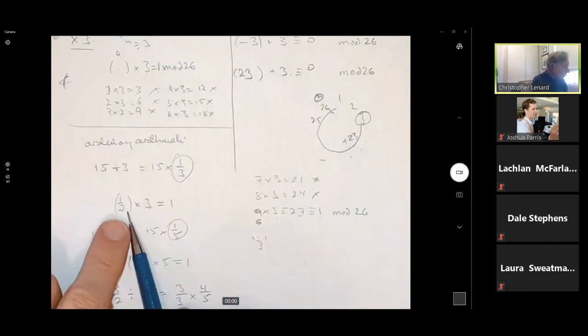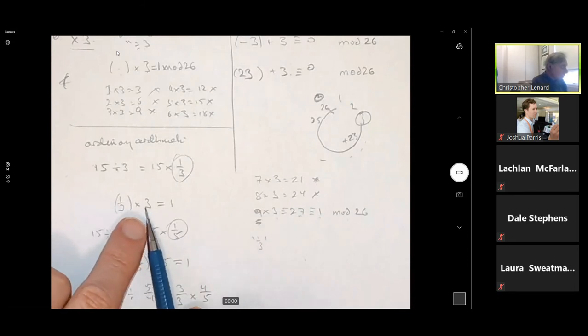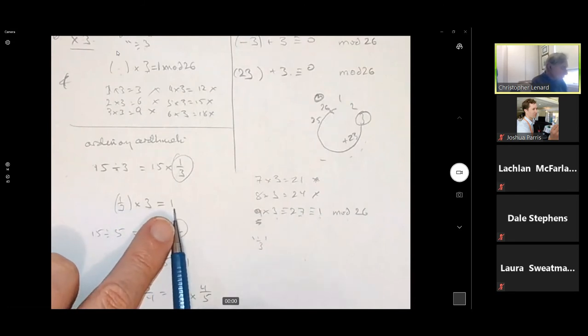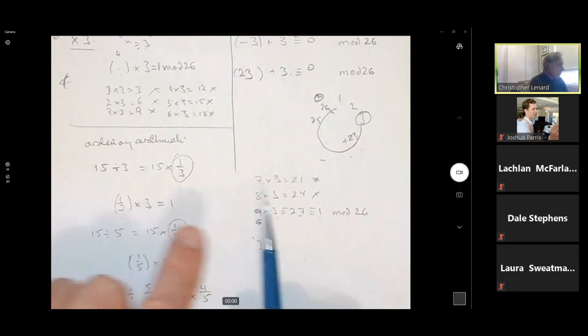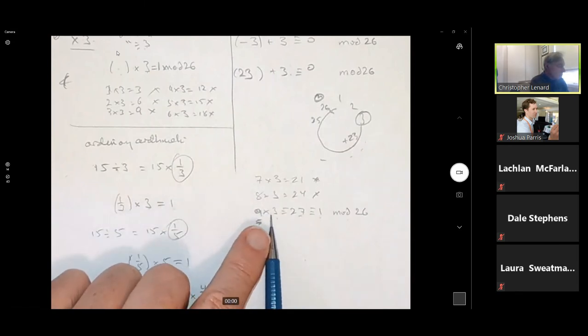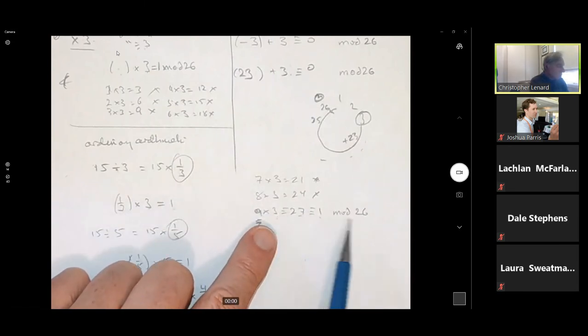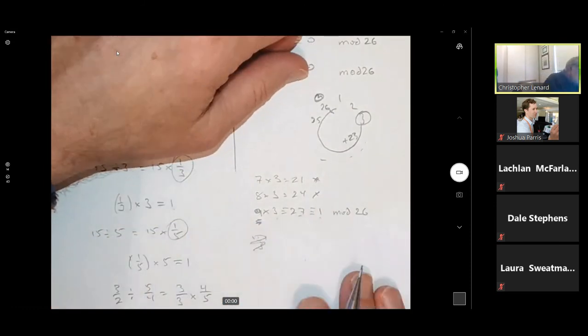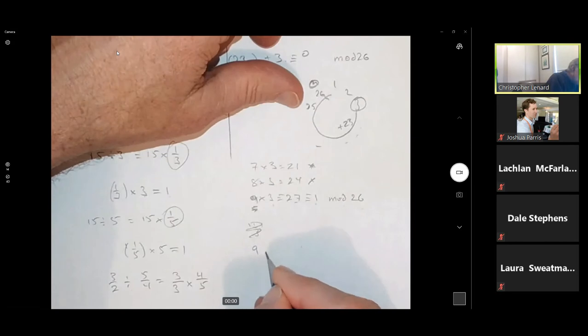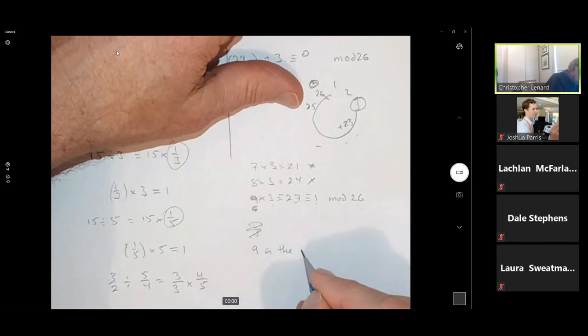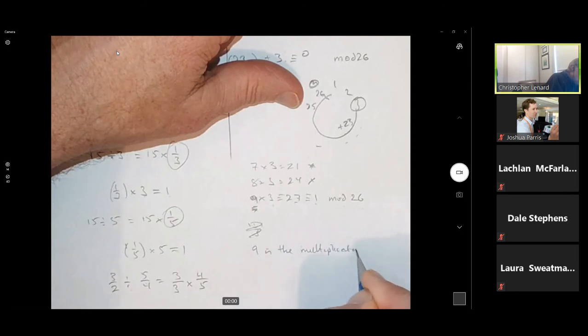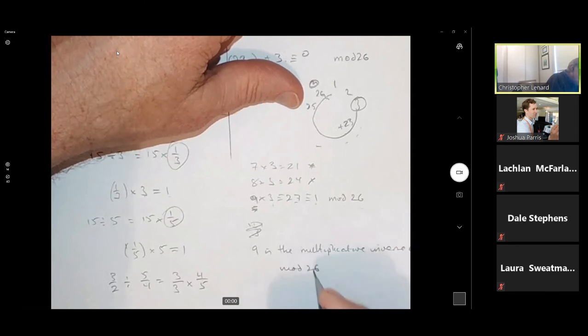The definition of 1/3 is that which you multiply by 3 to give you 1 in ordinary arithmetic. 9 is that which you multiply by 3 to give you 1 in the 26 arithmetic. So what we say is that 9 is the multiplicative inverse of 3 in the mod 26 arithmetic.